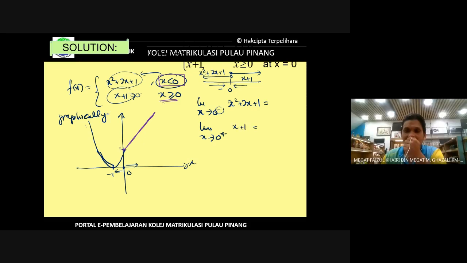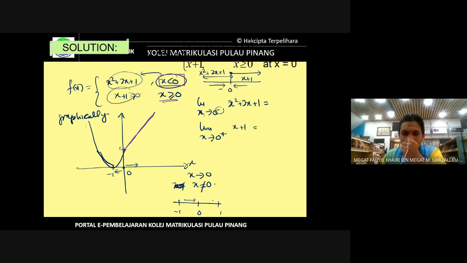Now class, when x approaching to 0, it's not that x exactly equal to 0. When x approaching to 0 from left or right, it doesn't mean that x equal to 0. It's just the value of x very close to 0 from -1 and 1.